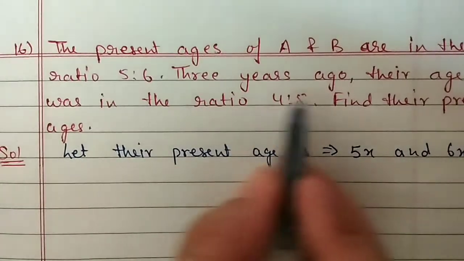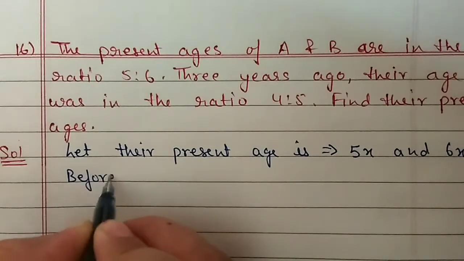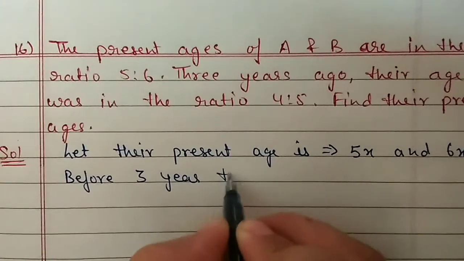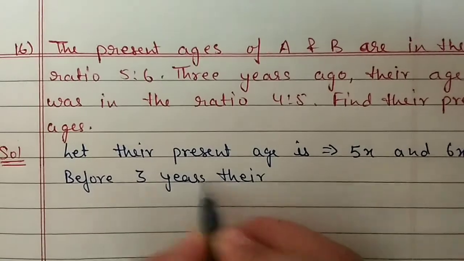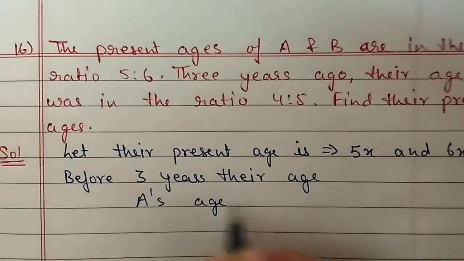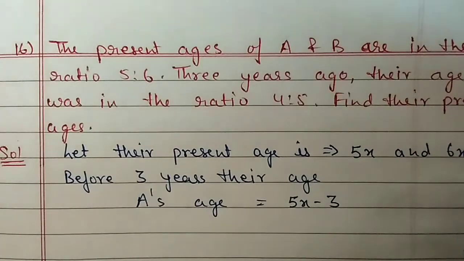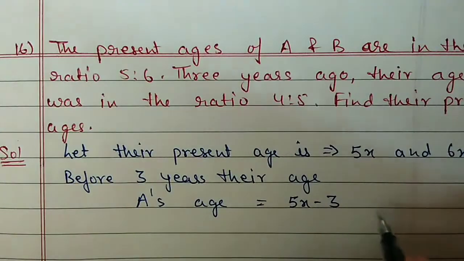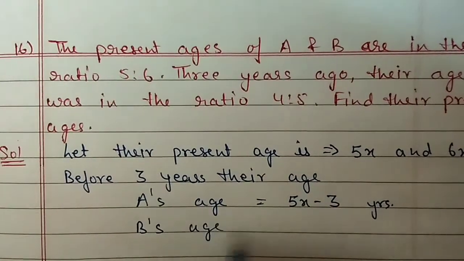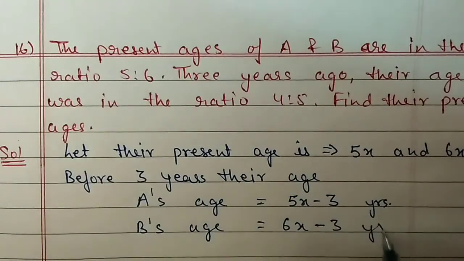Now before 3 years. 3 years ago means 3 years before. First A's age will be 5x minus 3, because we are going in past, so we have to subtract. And for B it was 6x minus 3.